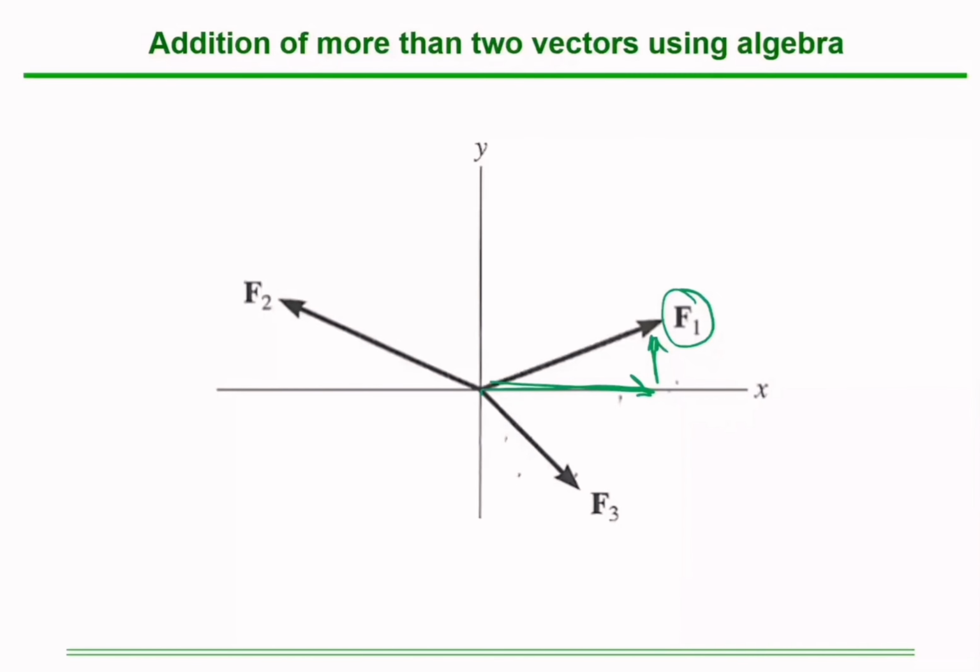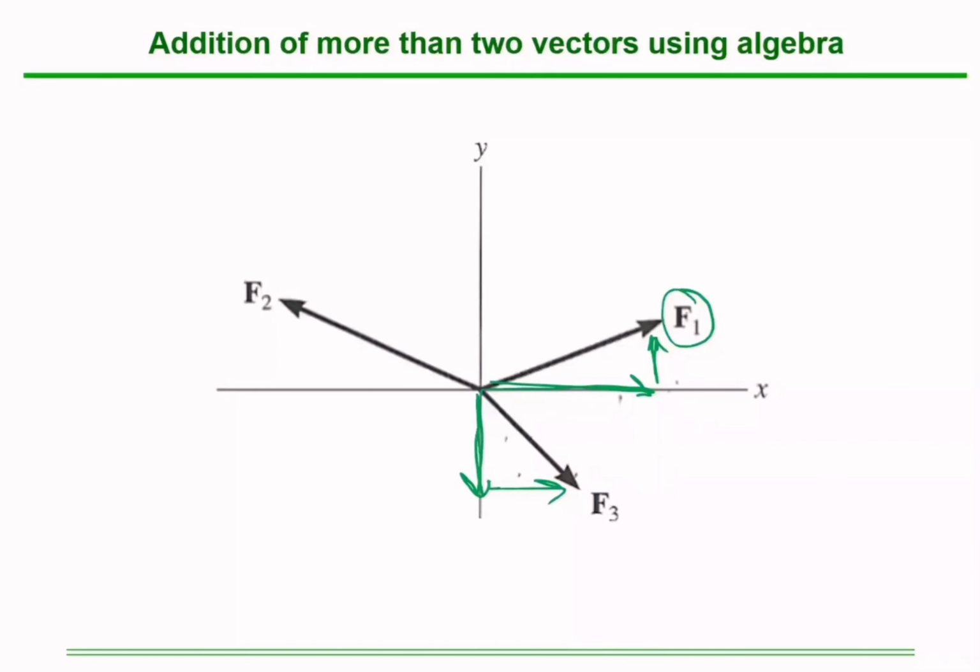So I've got one vector in the positive x and the other vector in the positive y. So I split my F1 into two. I can split F3 here and here. So my F3 is also divided into two components, x and y.